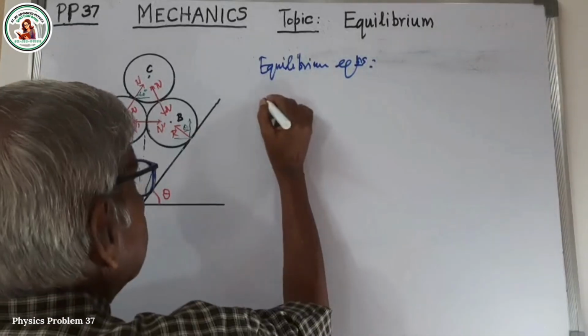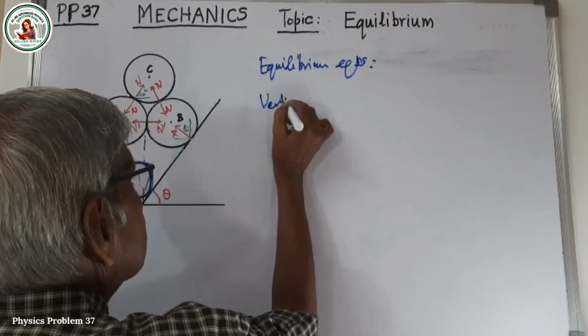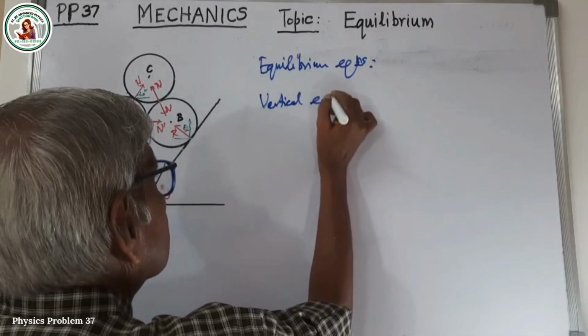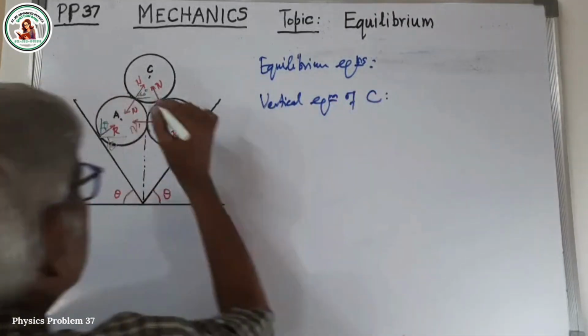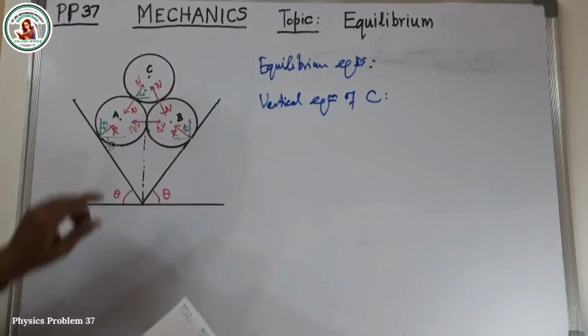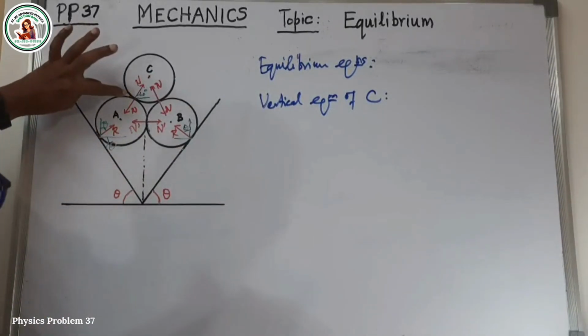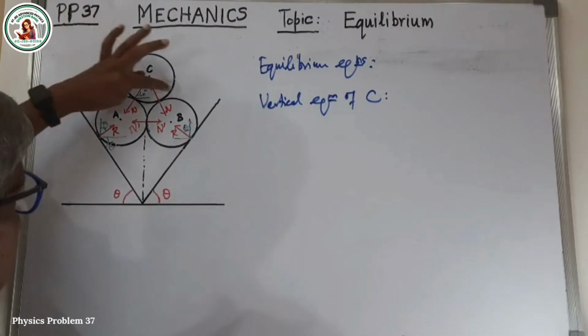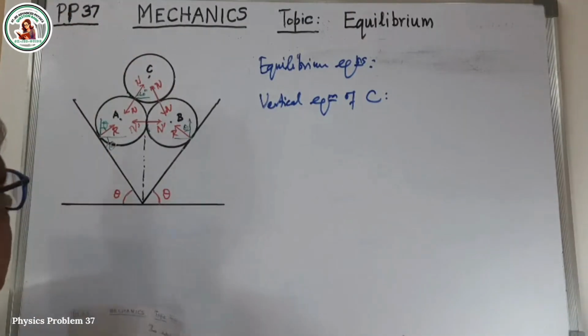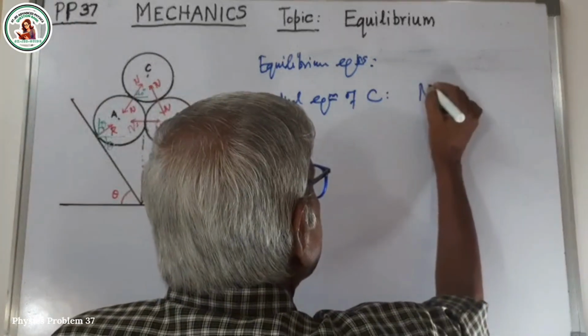Vertical equilibrium of C. Vertical equilibrium is maintained by the vertical component of the normal reaction N, that is N sine 60 degrees.